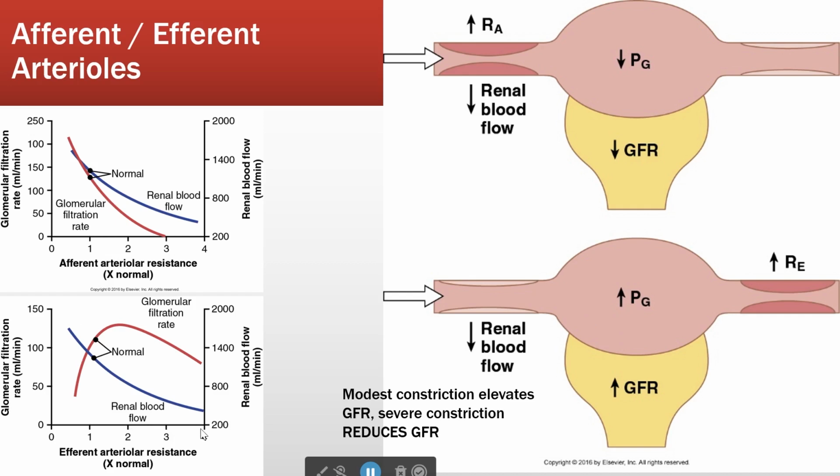But as we keep increasing the vasoconstriction, that increase in GFR starts to fall off because of the reduction in renal blood flow that's flowing through the whole thing. So the efferent is a little more complicated than the afferent. Now, what really makes this interesting is both are happening at the same time. It means that you have changes both to the inbound flow and to the outbound flow.